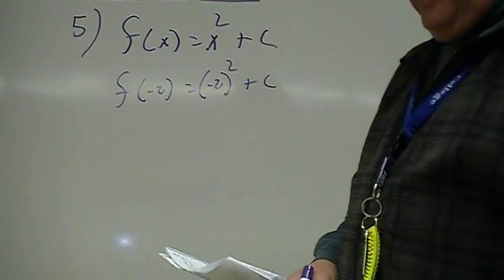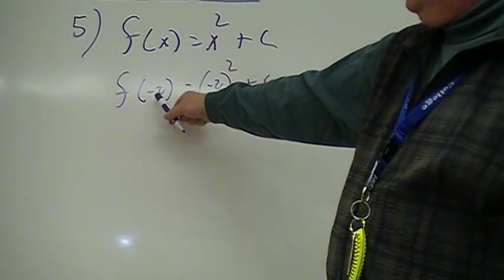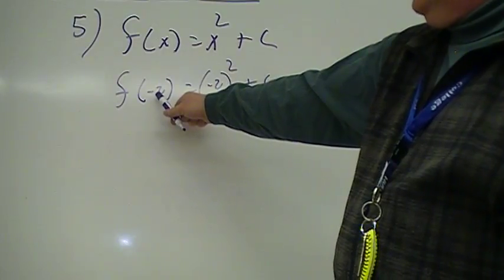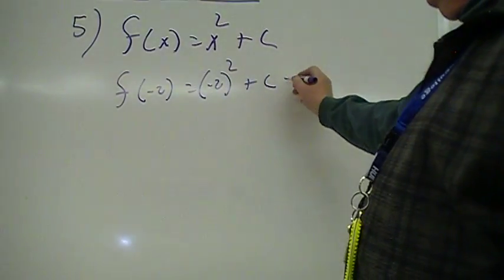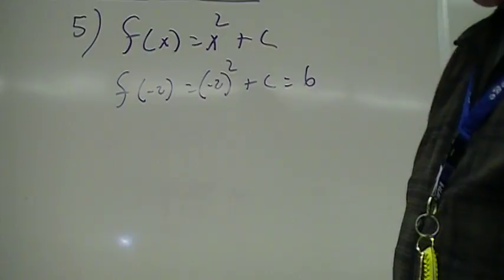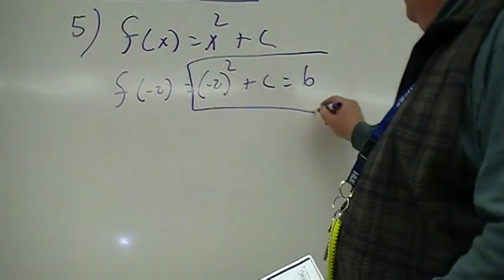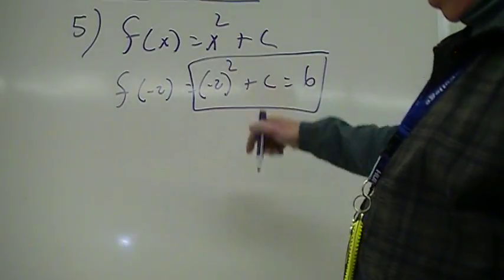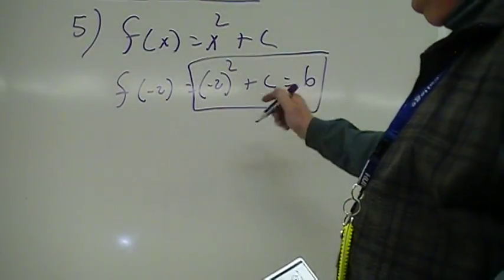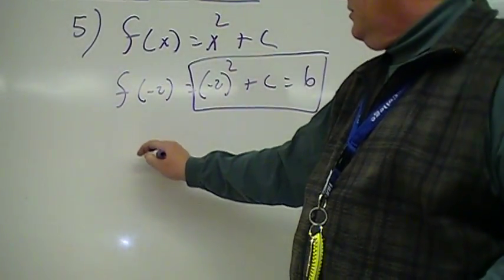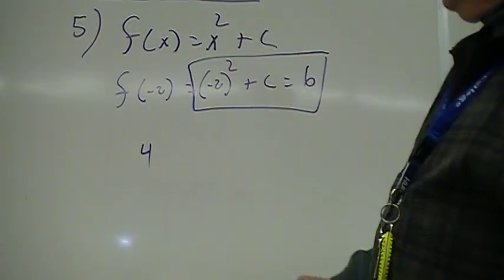We're also told that when x's number is -2 for this, it's going to equal 6. So the value of this, there's our equation right there. This equals 6. -2 squared is +4.